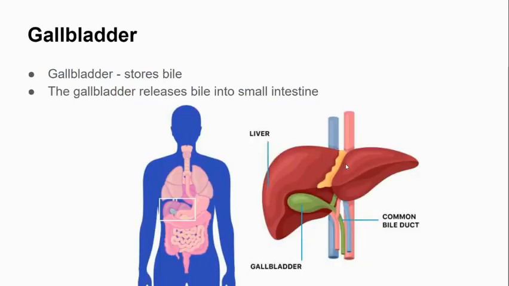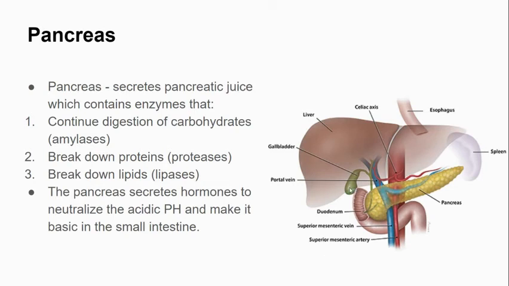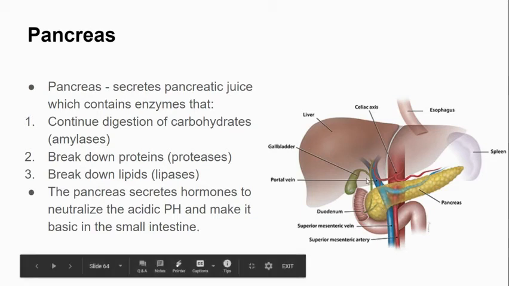The gallbladder, which is this green thing here, stores bile, and then the gallbladder releases the bile into the small intestine. And it's here on the body. The pancreas, which sits below the liver and next to the gallbladder, secretes a pancreatic juice, which contains enzymes that continue to digest carbohydrates, or amylase.